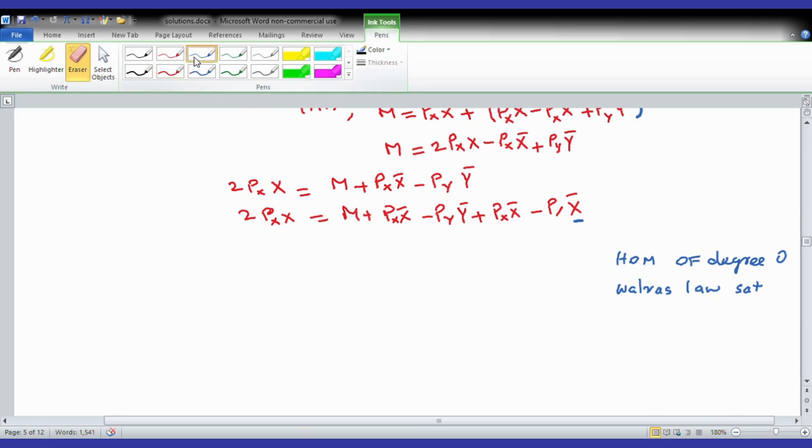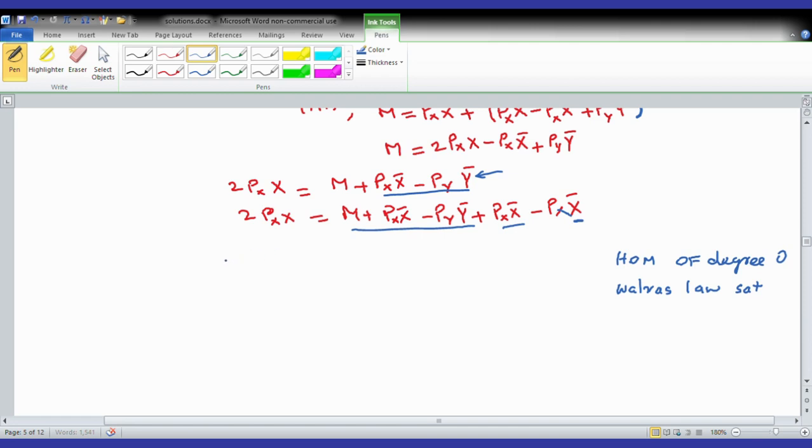Alright, see that this is the equation that I have. This was the equation, and I had 2px here. I took this px bar and py bar on the other side. So this px bar become plus, and this became minus. Now this is what that I have done. This is your equation, this one, and then I have added into it plus pxx bar and minus pxx bar, so nothing changes.